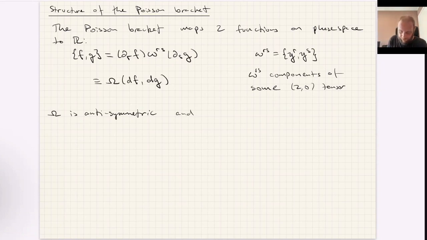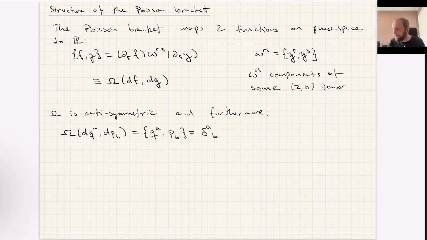And furthermore, let's check how omega acts on the differentials of the coordinates. If I introduce the coordinate functions, so I take the q^a and the p_b, then Omega(dq^a, dp_b) is by definition equal to the Poisson bracket between q^a and p_b, that's delta^a_b, right?